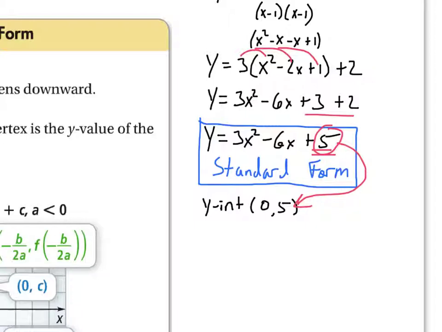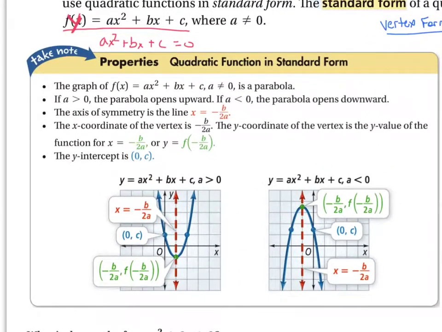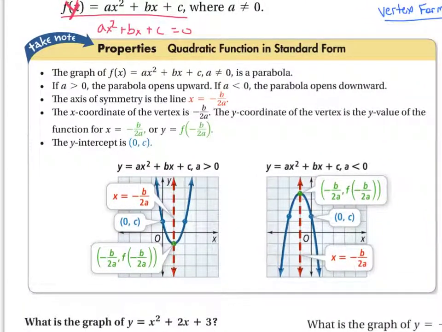There is one more thing that we need to be able to do, and that is to find our vertex. So if you look back at this box, it gives you all sorts of information here, but boy do they make it look confusing. There's really one thing out of all this that you need to know, other than what I've already told you off to the side, and that is this equation right here.